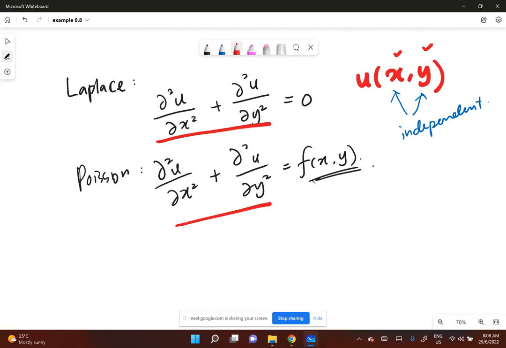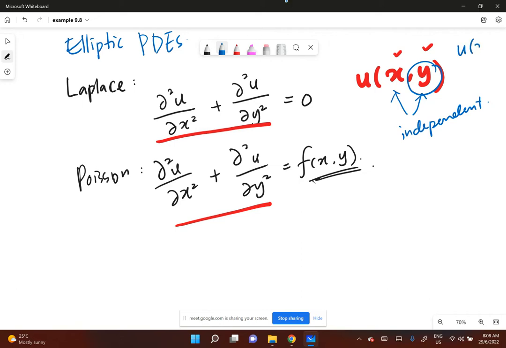So what is the difference between this elliptic PDE and the earlier ones? Before this, the heat and wave equations, I mean the parabolic and hyperbolic PDEs, had independent variables x and t.